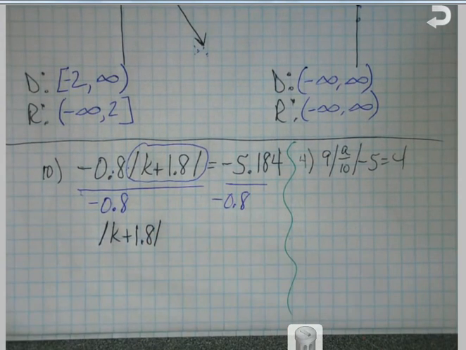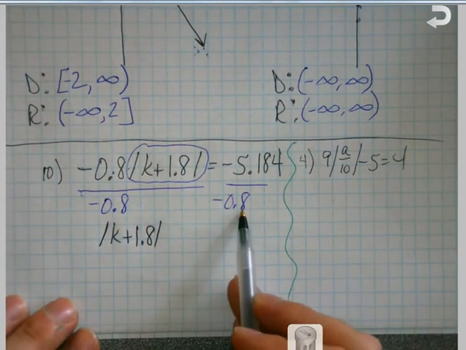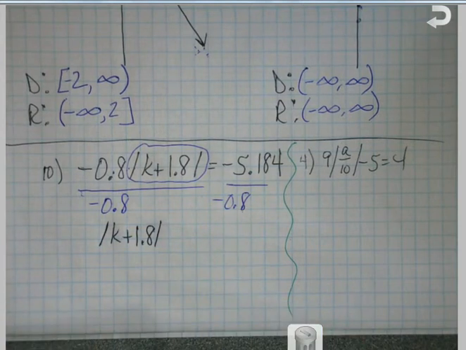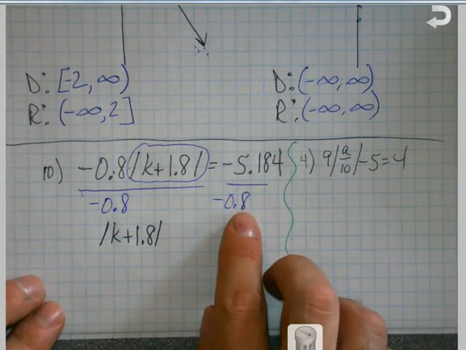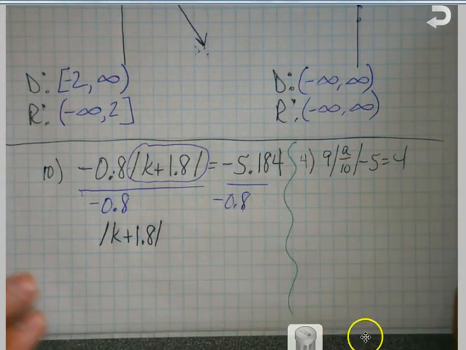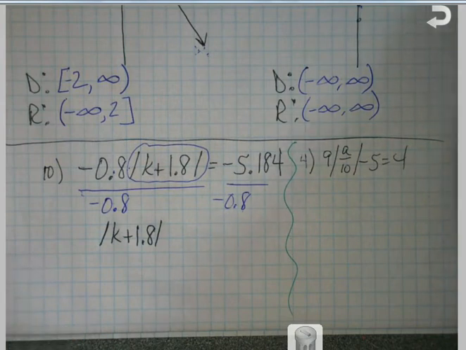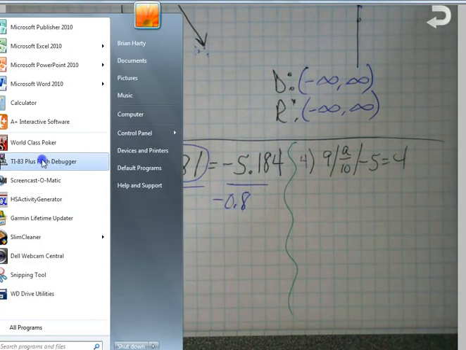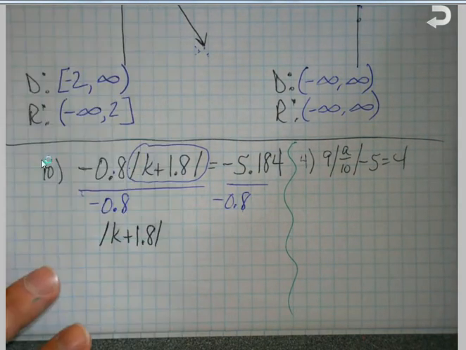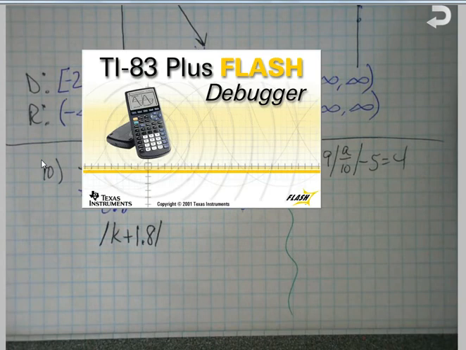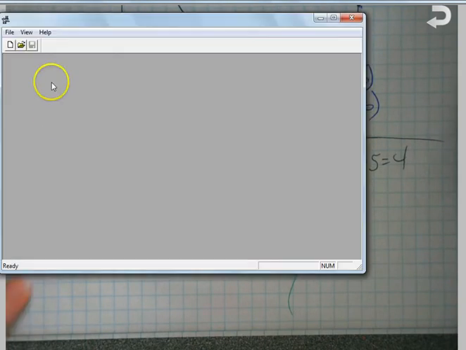Now here was the other thing that concerned me a bit. I'm dividing by a number that's less than 1. If I'm dividing by a number that's less than 1, this number's got to get bigger. And some of you are still getting numbers that were smaller. That's one of those instances where I want to get my number sense working. I've got to understand the idea, and some of you don't with fractions. That's why I don't like the calculator.